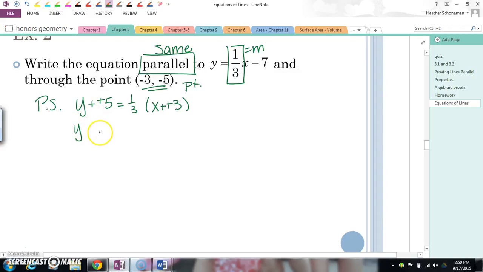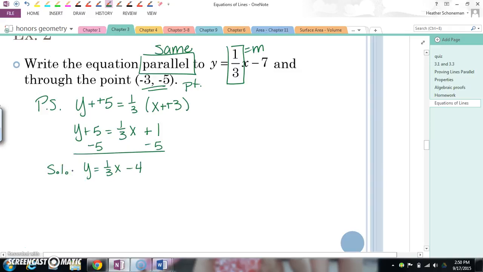So then we get y plus 5 equals 1/3 x plus 3 divided by 3 is 1 times 1 is 1. Got to get y by itself for it to be in slope-intercept form, so we're going to subtract 5, and we get y equals 1/3 x minus 4. This is slope-intercept form.